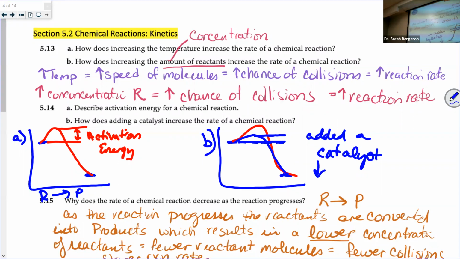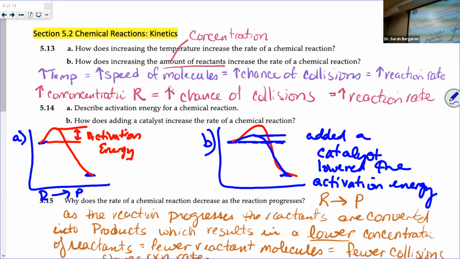It lowered the activation energy, right? Because what is that activation energy? It's that little bit of energy we have to overcome in order to progress from reactants to products. And sometimes it's more than a little.